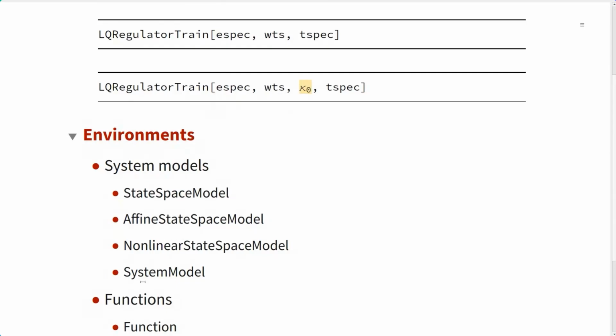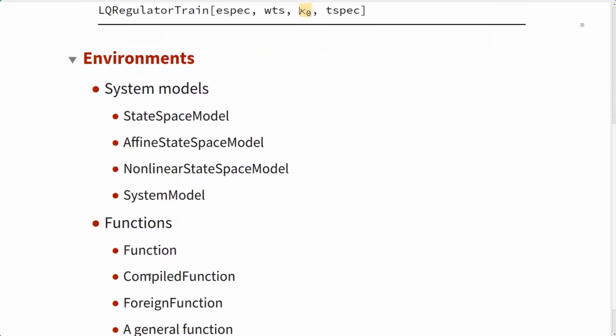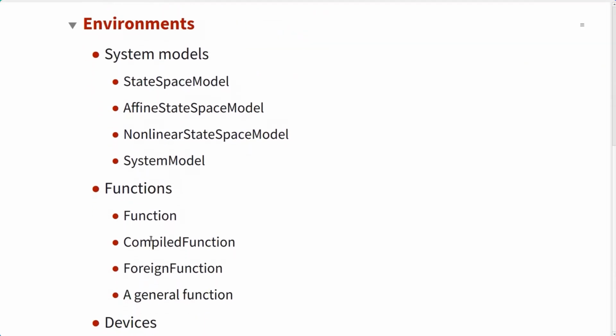It's just simulating it with an input, looking at the result, and using that as a basis to compute the controller. But you can give any general function or compiled function, or you can interact with a device. We are still working on this, adding more environments that we can support.